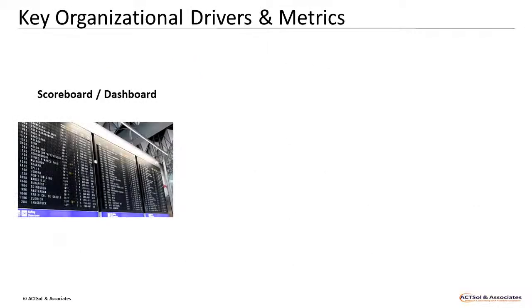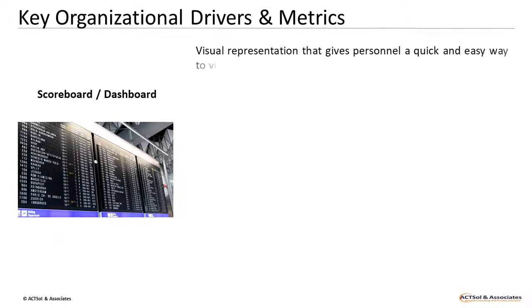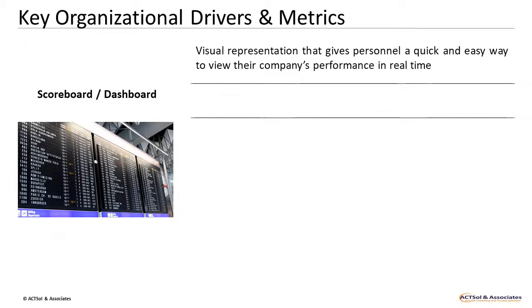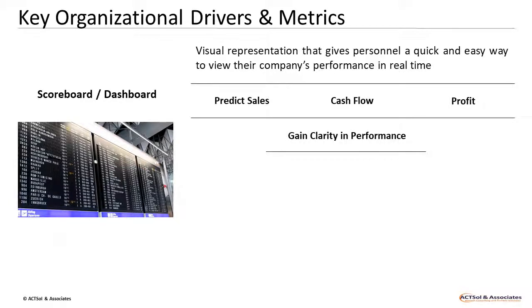A scoreboard or dashboard is a visual representation that gives personnel a quick and easy way to view their company's performance in real time. The dashboard should be critical in assisting an employee to predict sales, cash flow, and profit, and gain clarity on the performance and direction of the company. There are 3 main steps to consider in building an effective dashboard.